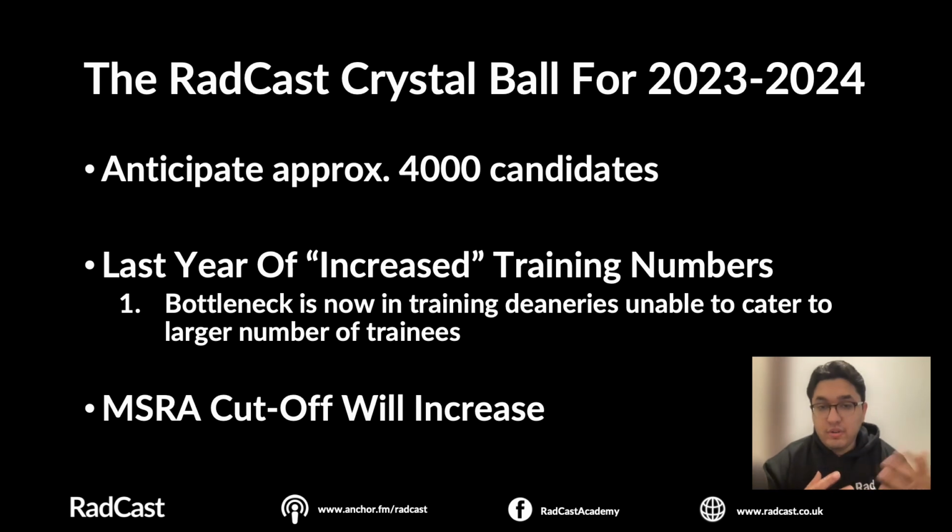So now that the MSRA was relevant to them, why not? It makes sense. See what happens. And that's added another pool of potential candidates to the MSRA exam, which we think pushed the cutoff score for radiology up in last year's application cycle.